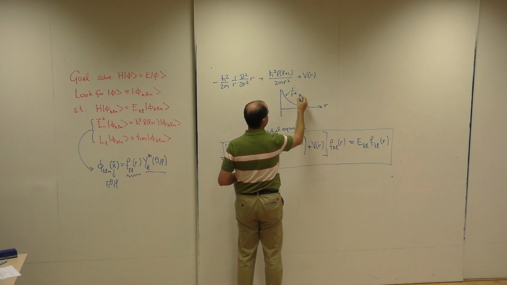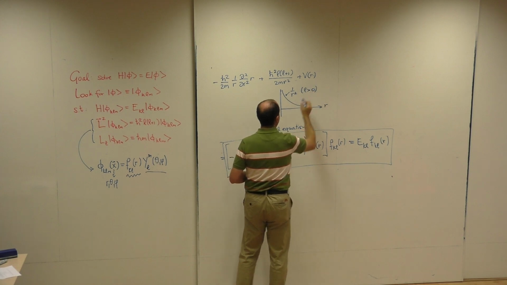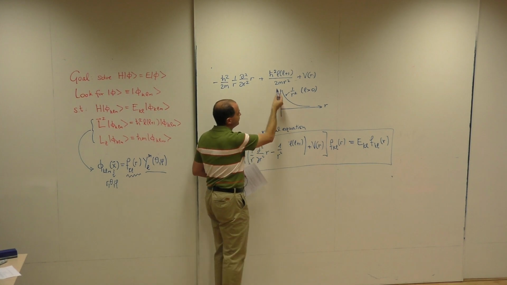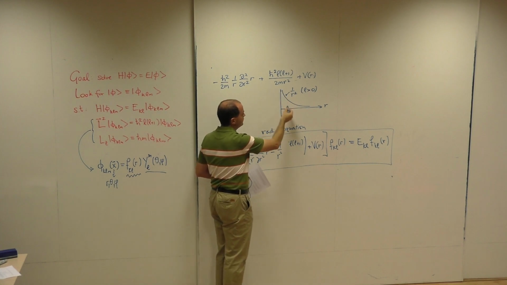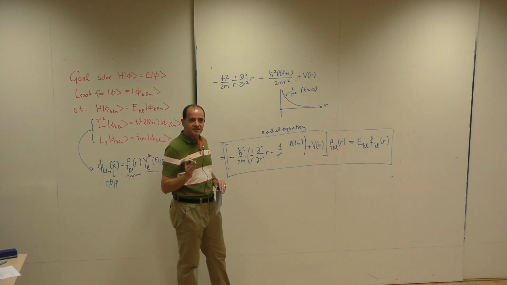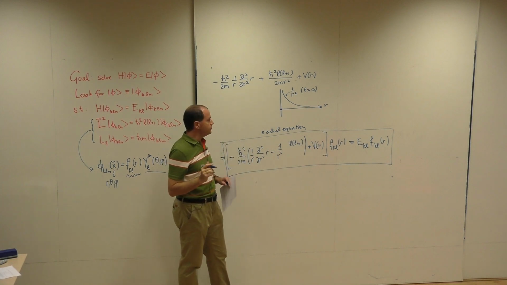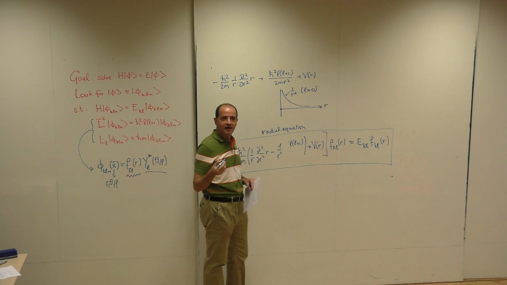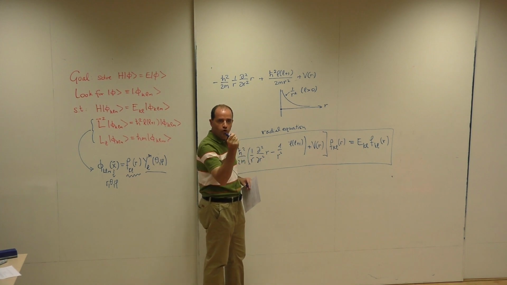Of course, this is only for L larger than 0. For L equals 0, this term is 0, there's no problem. For L larger than 0, it goes to infinity at r equals 0. It means in a sense that it will be very hard for the particle to go closer to the center.